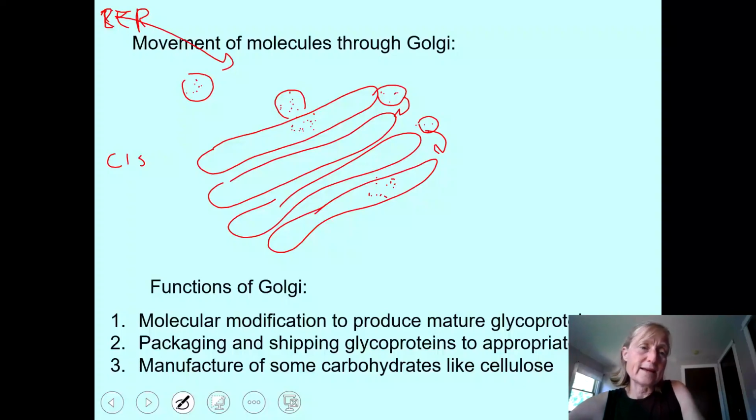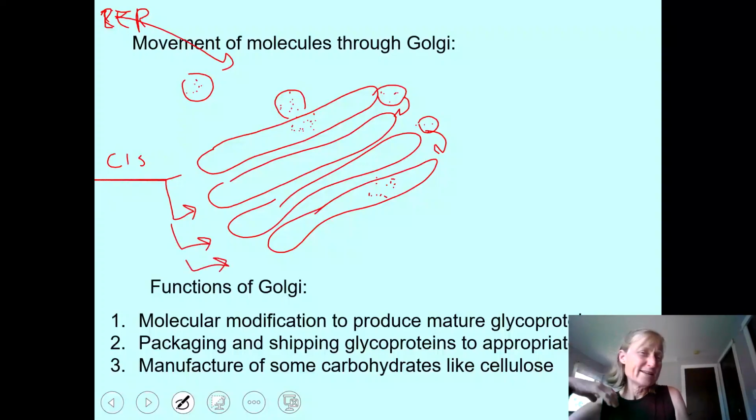Some people think that each sac changes and becomes the next sac. We're not exactly sure, but we do know that molecules are moving, crossing through this Golgi apparatus from the cis side to the trans side.